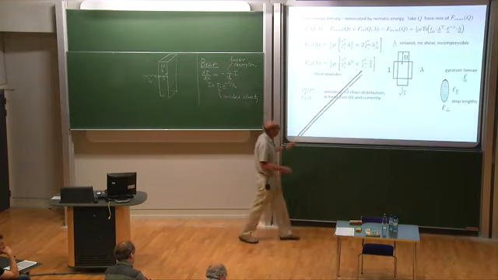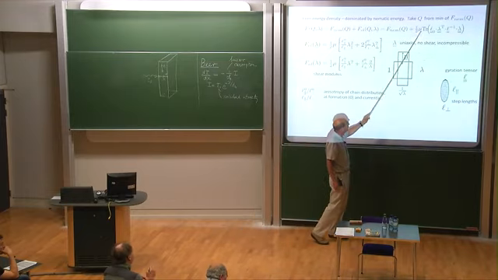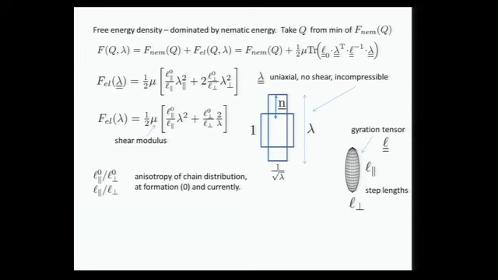And this is this formula for the elastic free energy that those of us who have been here all week will have heard several times referred to as the trace formula. And what it says is that the energy density is the shear modulus, which sets an energy scale for an elastomer, and it depends on the square of the distortions or the stretches.